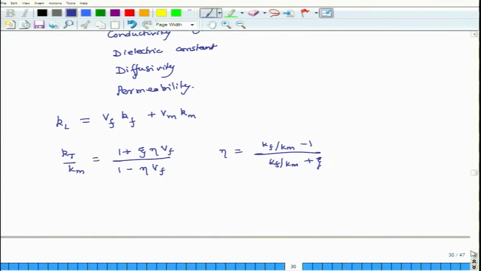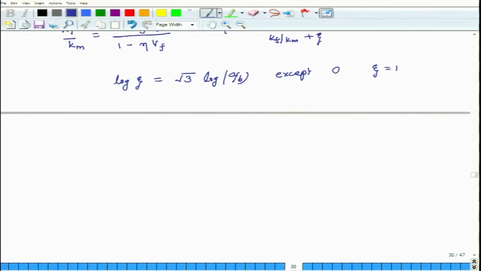And here the definition of zeta is again different. So, what is it? Log of zeta equals square root of 3 times log of A over B for all fibers except circular cross sectional fibers, for which zeta equals 1. So, if the fiber is non-circular, then we use this relation.